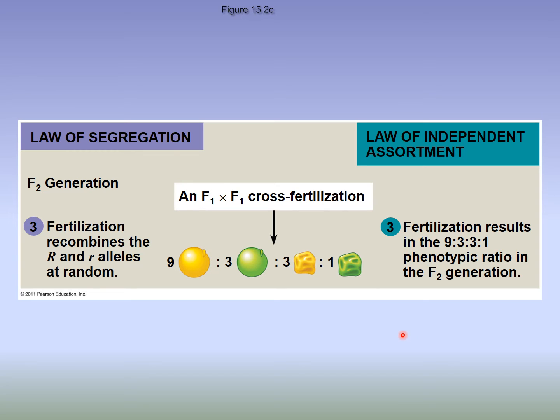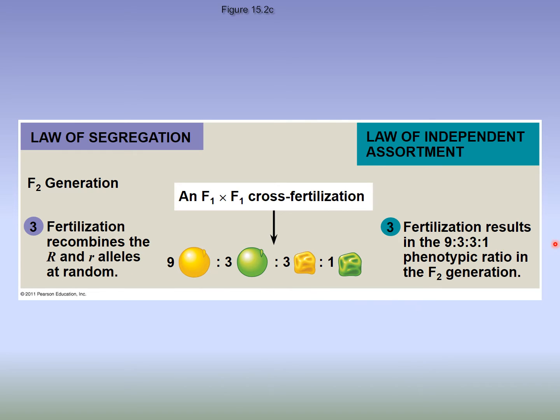Here we can see the results, right? The F2 generation is formed by crossing an F1 with another F1. And remember, they're both heterozygous for both of the traits. The law of segregation shows us that after fertilization, the recombining of all the alleles is random, and then they're randomly separated during gamete formation.